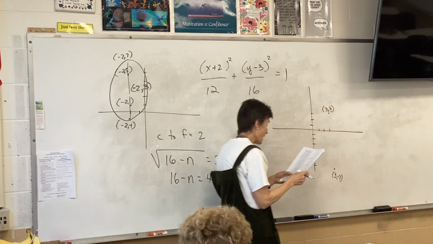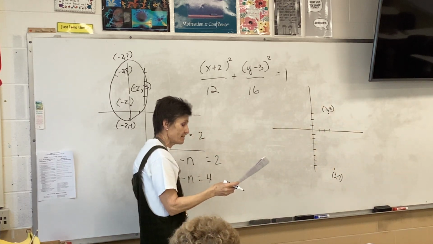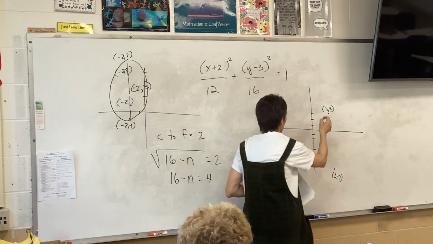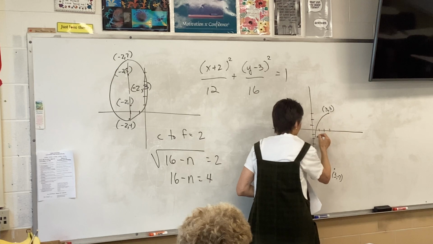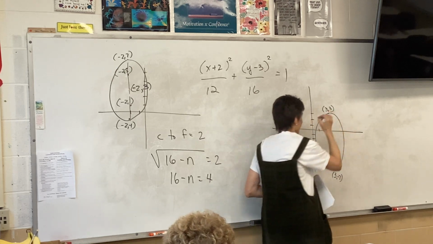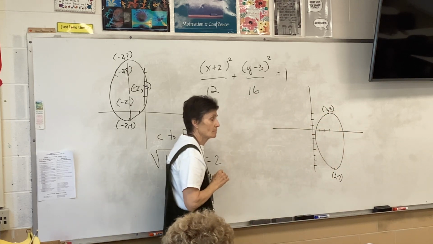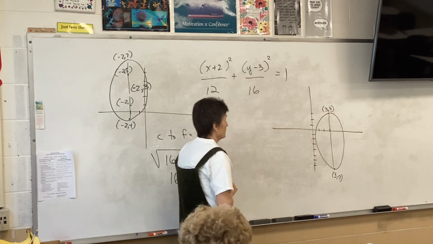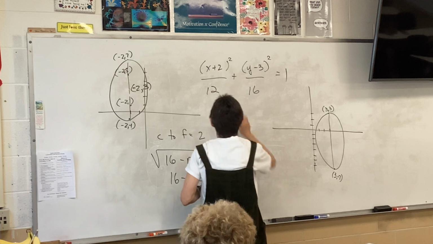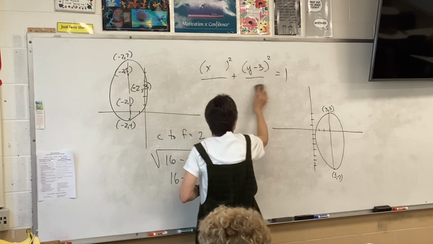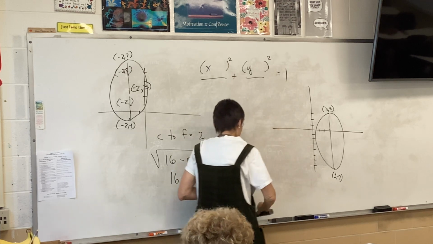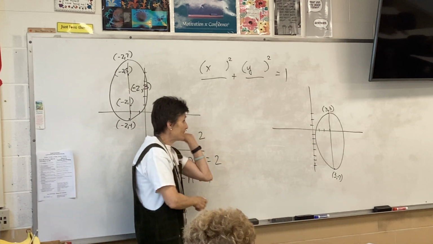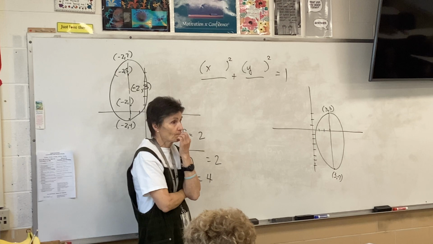All right, so those are the endpoints of my major axis. It means that my ellipse looks like this, would you agree? And this is my major axis right here. My equation looks like all of them, it's like this. Do I have enough information to find my center?